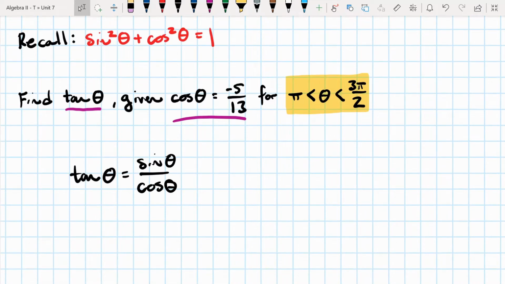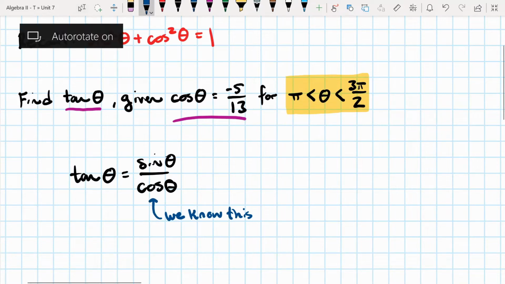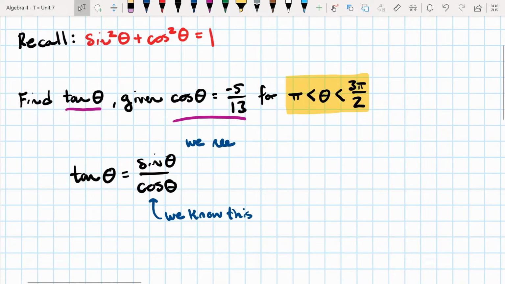So we want to find tangent of theta. Well, we already know this. We need to find this. We need to find sine of theta.